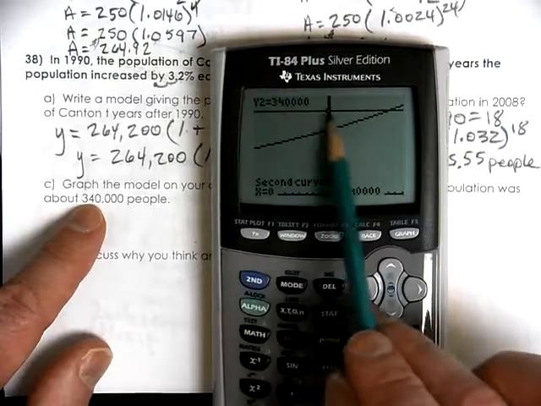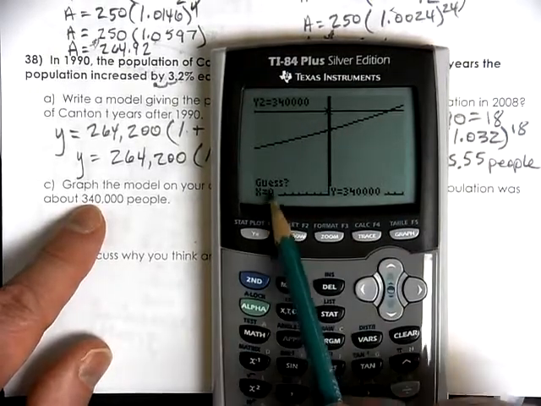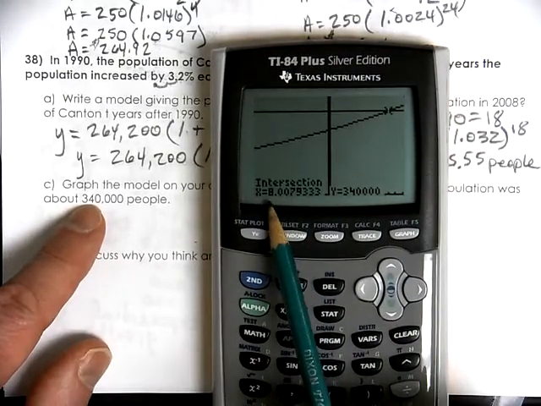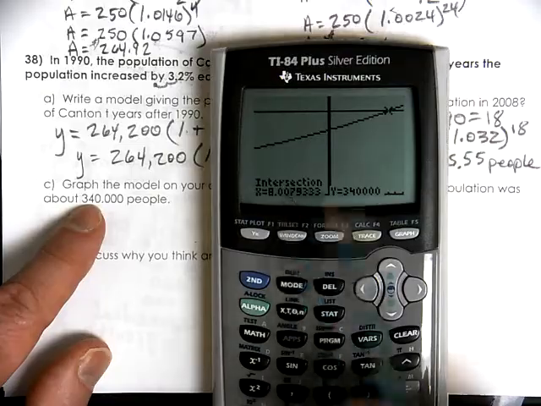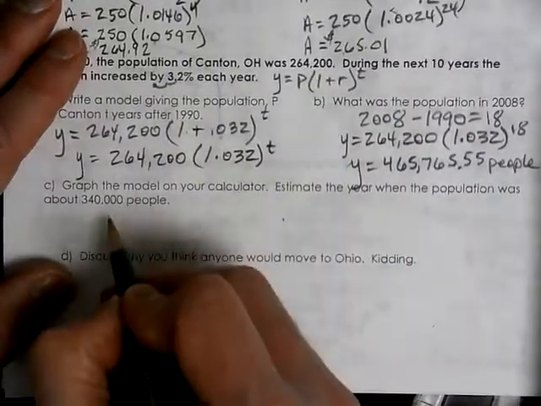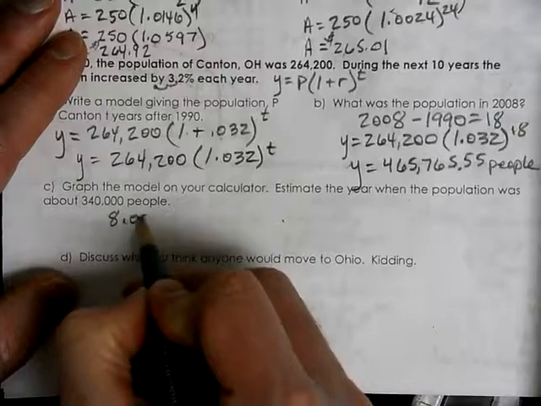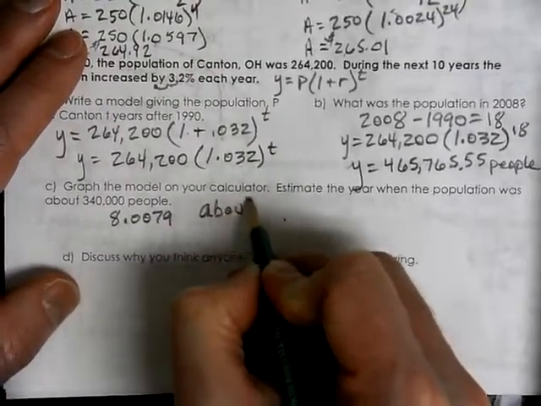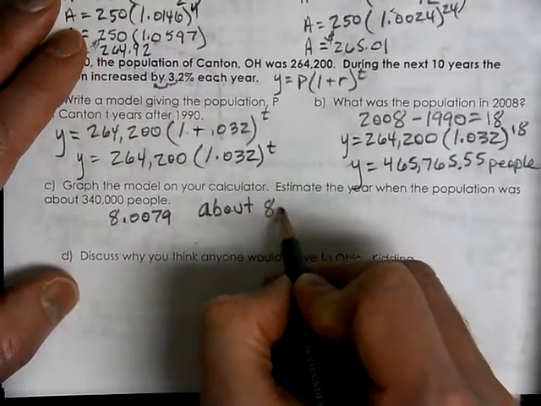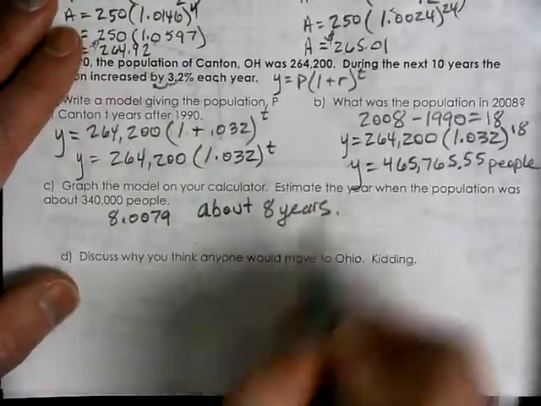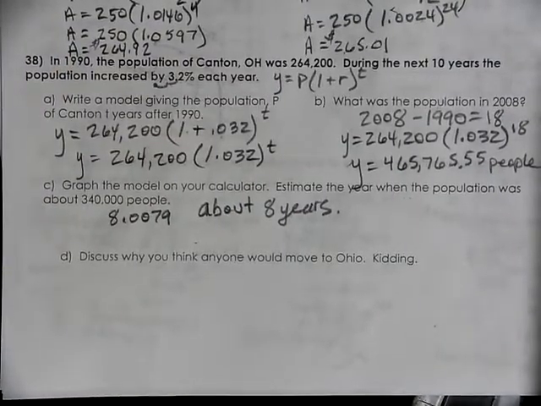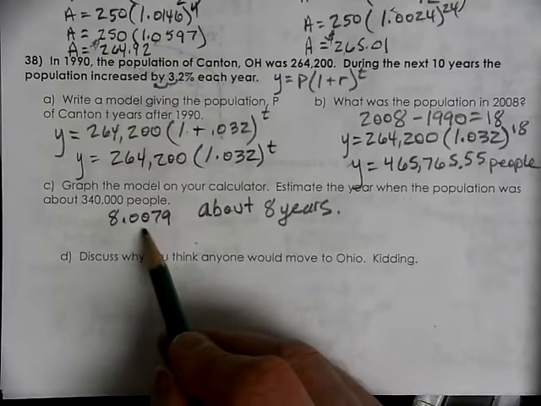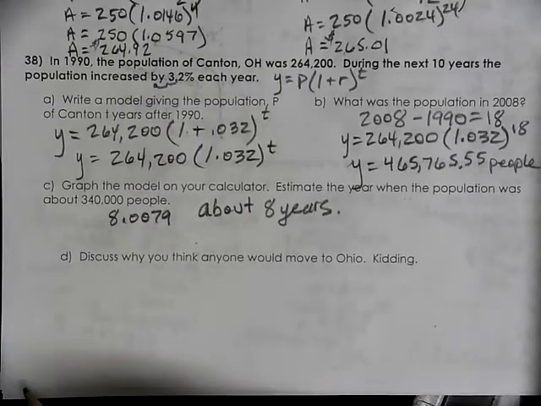Is that your second equation? Enter. Guess. You can just hit enter in this case. And we get an answer of 8.0079. Okay, so our table was pretty much as accurate as we can get there, but this would be even more accurate if we were to go that many decimal spots.